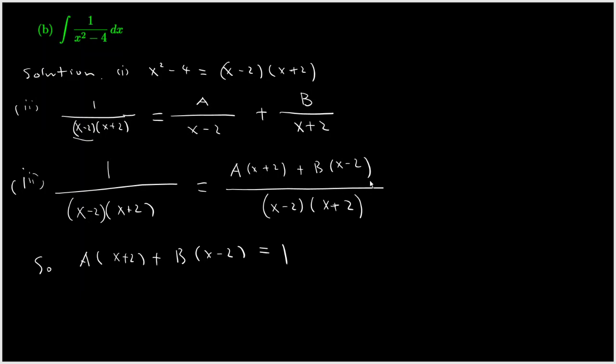Now follow me. I'm not going to talk about the tedious way. The tedious way is probably a little bit more rigorous, but I'm going to talk about a simpler way. Remember, we can use some particular values of x to determine a and b.